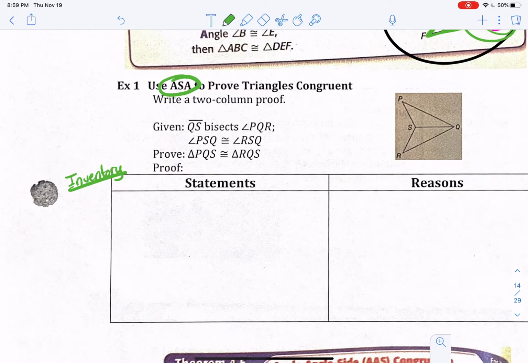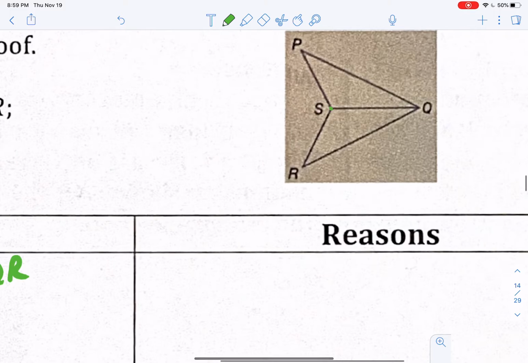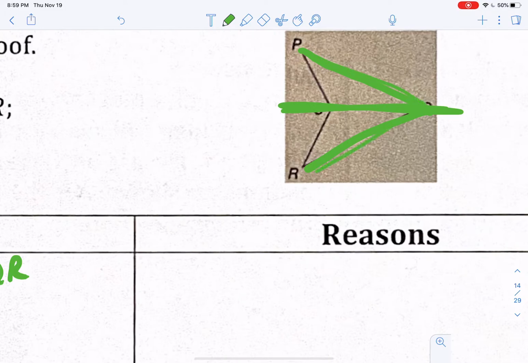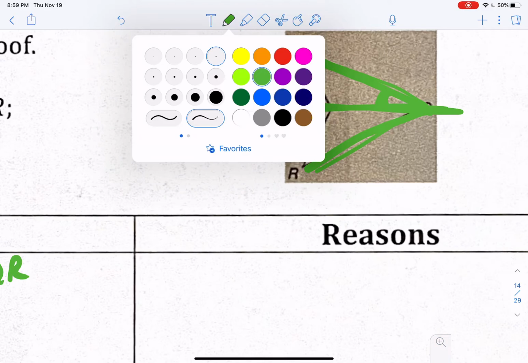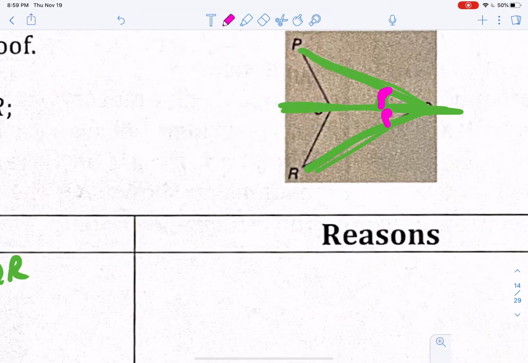The first thing it says is that QS bisects angle PQR. This side, QS, bisects angle PQR. That doesn't really give me an angle or a side directly, but what I can say is that if this is bisecting this angle, it's splitting it into 2 equal pieces, which means that this angle here and this angle here have to be the same.